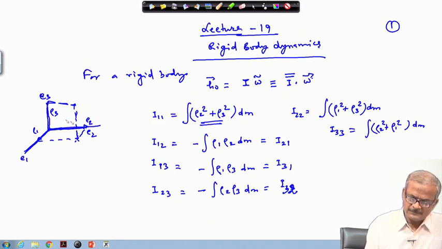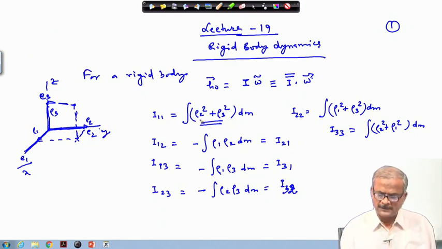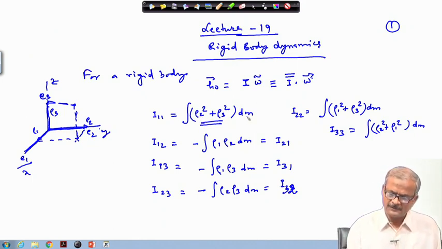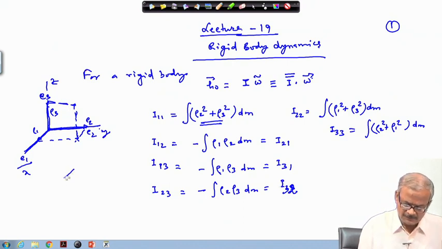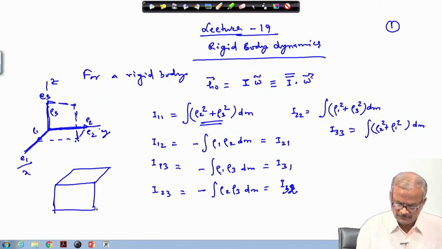So, this is in the y z plane, if you write this as x, this as y and this as z. And this is the integration in the x z plane. So, the mass distribution accordingly you have to take. If you know the mass distribution, for example in the case of a cube, let us consider a cube.